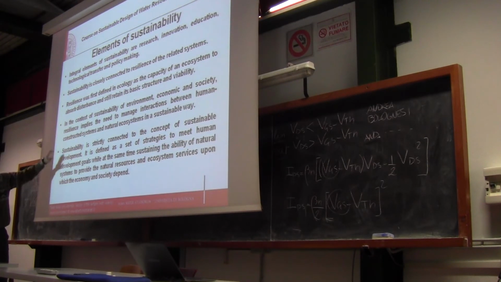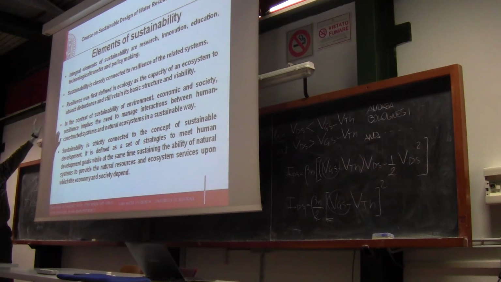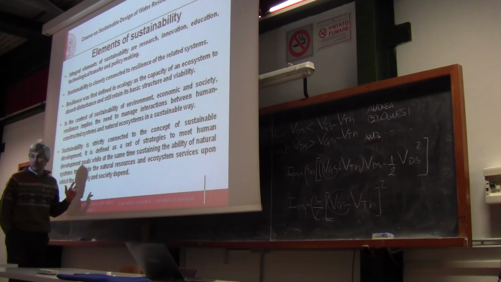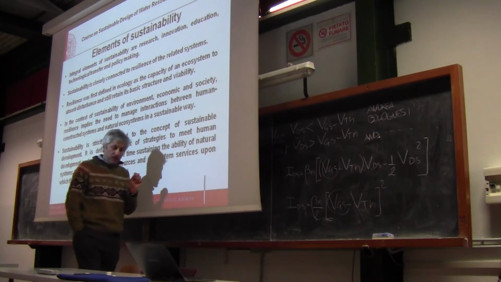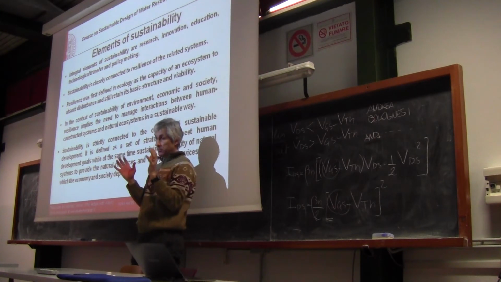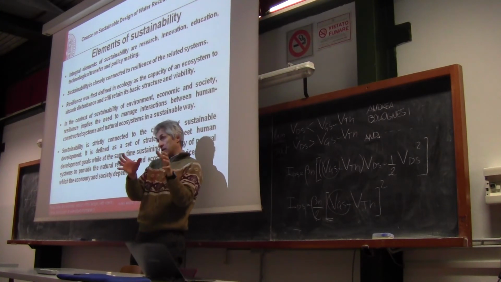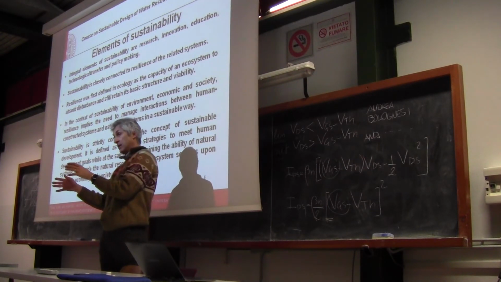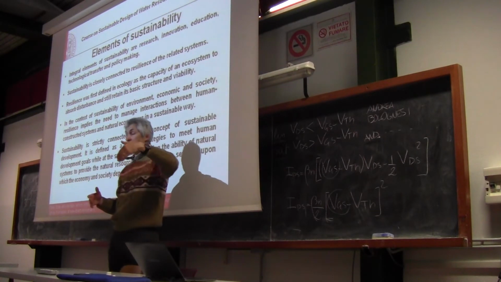And it is unanimously recognized that sustainability needs to be based on research, innovation, education, technological transfer, and policy making. It is a problem to put these things together, because to put together research, innovation with policy making at the end, through technological transfer, is a challenge.